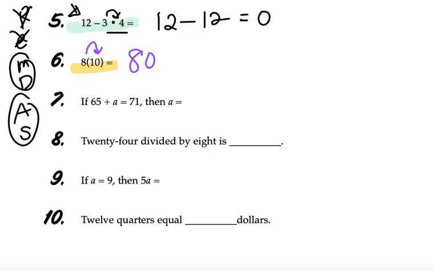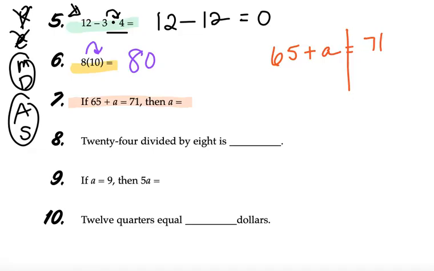Next problem up, we have if 65 plus A is equal to 71, then A is equal to. So this is similar to, I'm going to write it out over here. This is what we call a one-step equation. And as I mentioned with, I believe it was problem number 4, you can do a little bit of inverse work here.